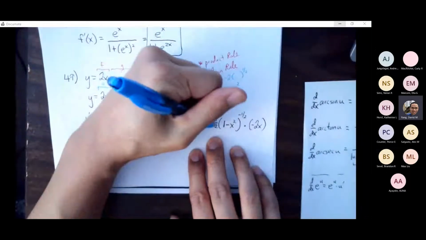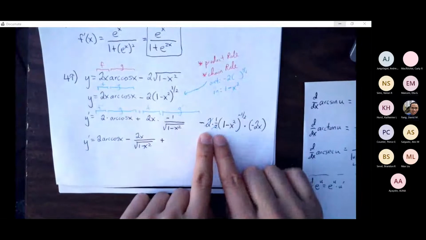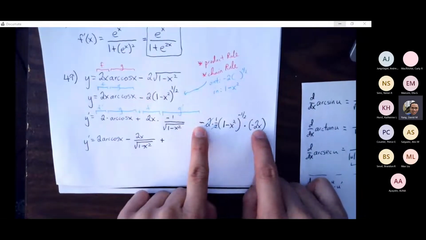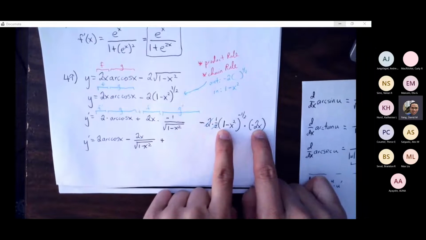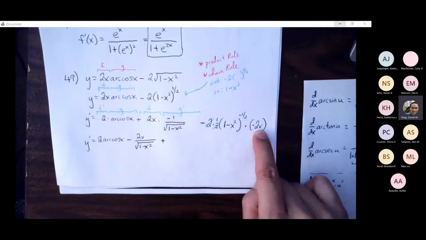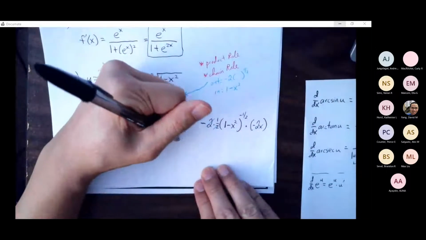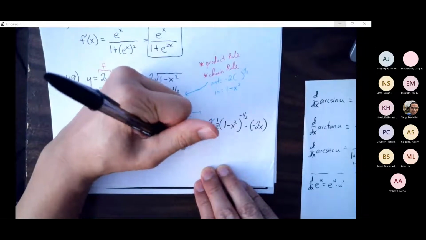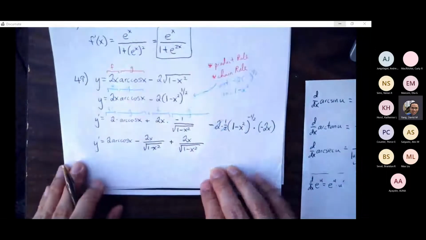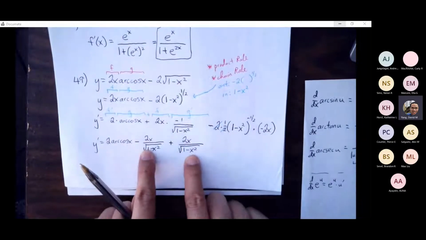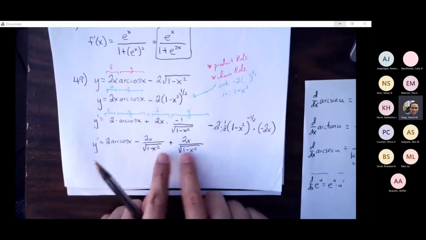So the 2 and 1/2, they cancel out. That's nice. The two negatives cancel out, becomes positive. The 2x is going to be in the numerator, and the 1 minus x squared is in the denominator, and that 1/2 is really square root in the denominator. So what you notice is this actually ends up the same as this term, just different signs, which will allow them to cancel out to zero out.